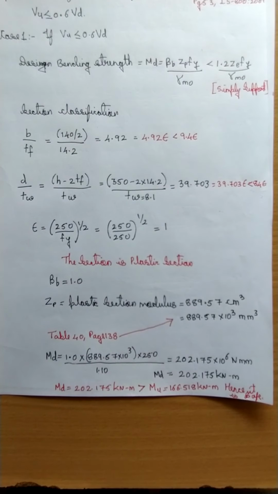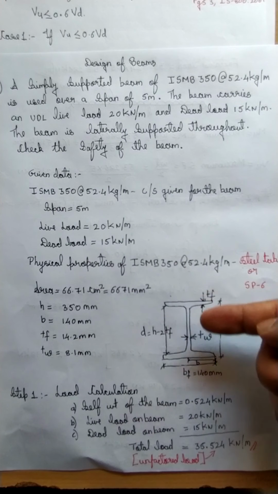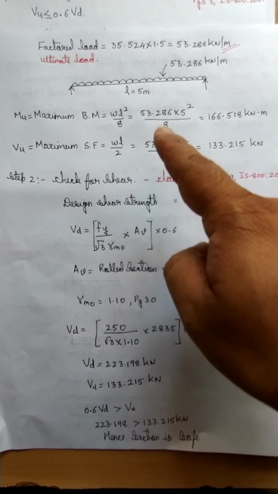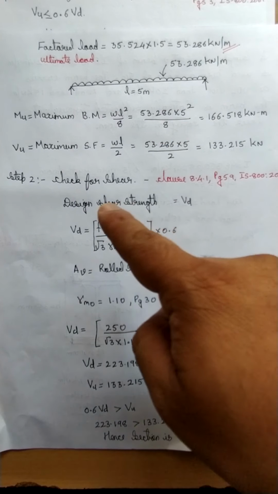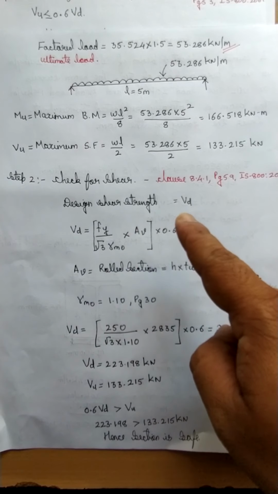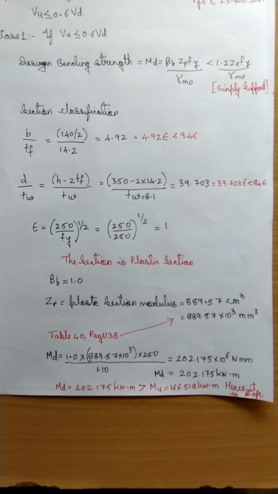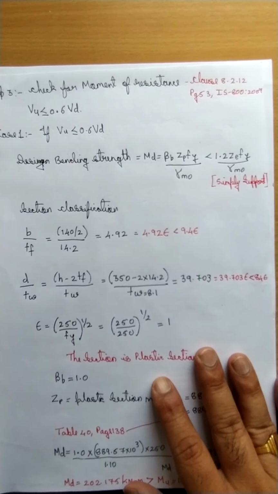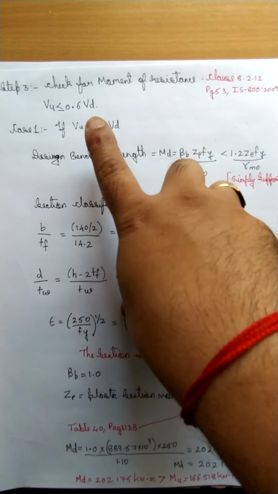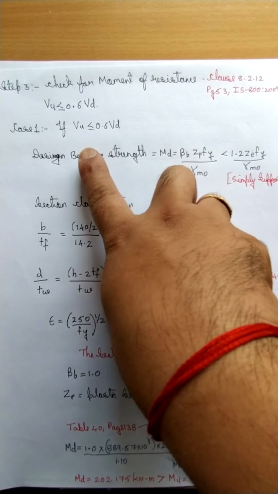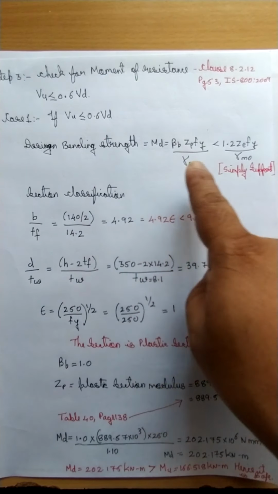So we have done three steps today. I will just make a note of it. We noted the properties, calculated the load, calculated bending moment, calculated shear force. We did the check for shear and checked that Vu is less than 0.6 Vd. Then we started with moment of resistance. We already checked for shear, so we got to know that this is case 1. For this we noted down the formula.